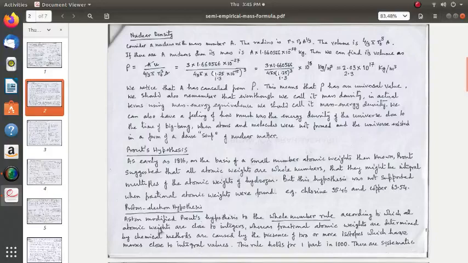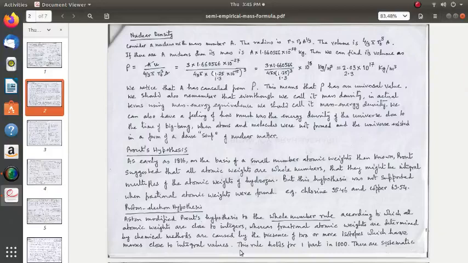Then Aston was working in the early 20th century, so he formed a revised version of Prout's hypothesis, the whole number rule. The whole number rule is very interesting.